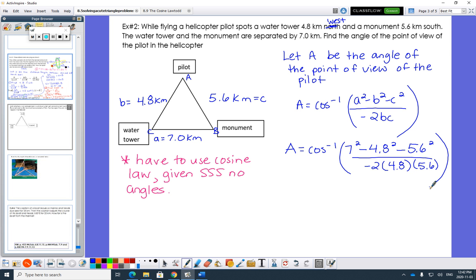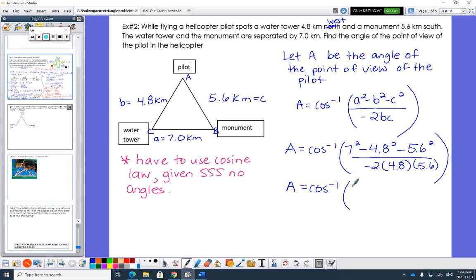So the big thing here is because we are looking for the point of view from the pilot, that's angle A, that you put side A first, okay? The other two, if you mix up the order, that doesn't really matter. But whatever angle you're looking for, that's the side that goes there, okay? And then again, decide how much math you need to show. So I'm going to show it all, okay?